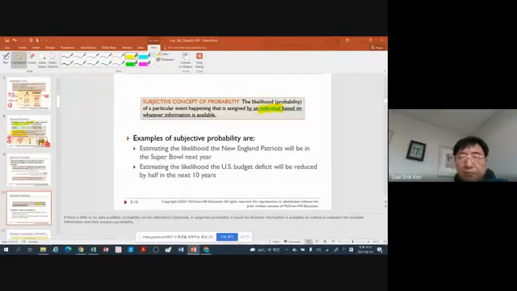So, for example, the New England Patriots is an American football sports club in Boston. The Boston area is called New England. The New England Patriots is a football team. What is the likelihood the New England Patriots will be in the Super Bowl?